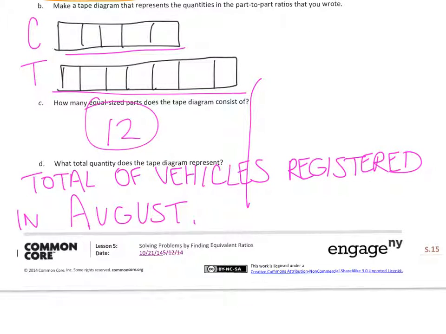And we know from the story problem that the total equals 192 vehicles.